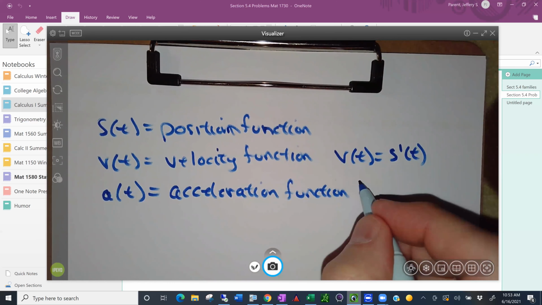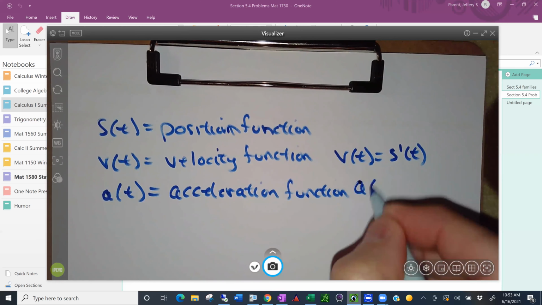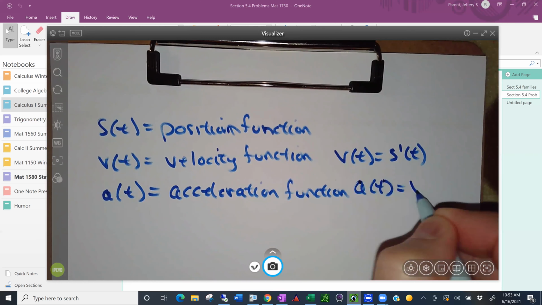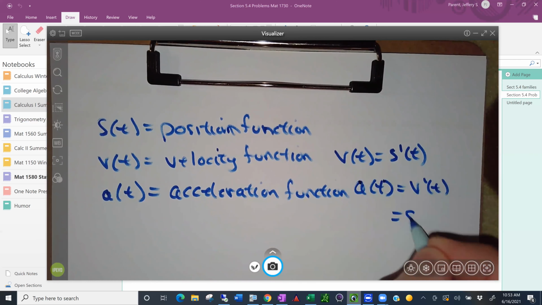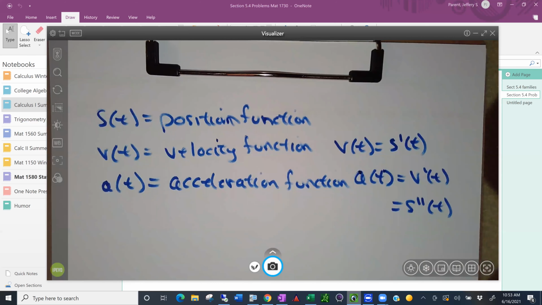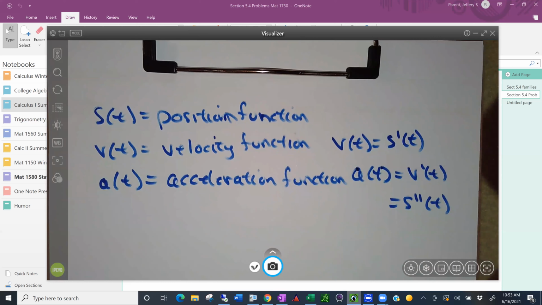Excellent. So A of t equals V prime of t, or it equals S double prime of t. Either way, it's the second derivative of the position function or the first derivative of the velocity function. Okay. So with that quick reminder, let's look back at the problem.